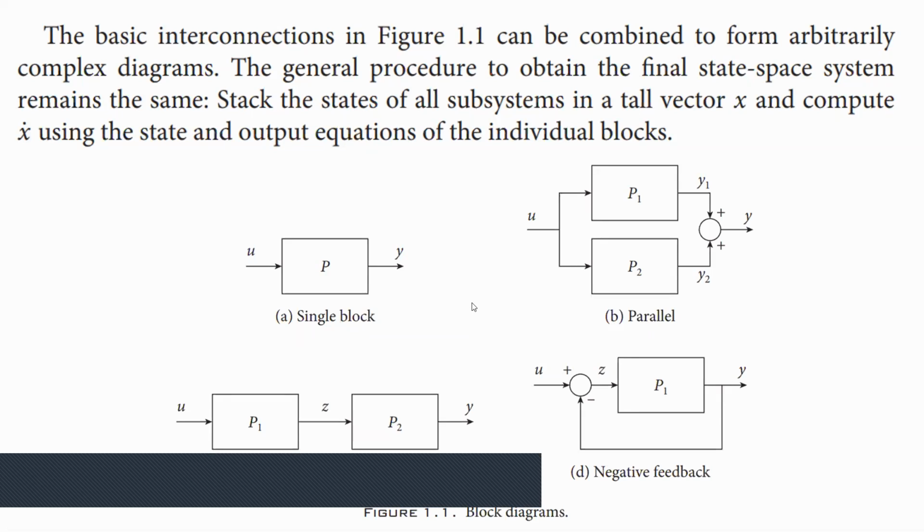So we actually decompose a complex system into smaller blocks into a single block representation, and then we solve and move ahead. And sometimes, because these are the general available formulas, we can use them when we encounter plants which are parallel, which are in the cascade, and which have a negative feedback line.